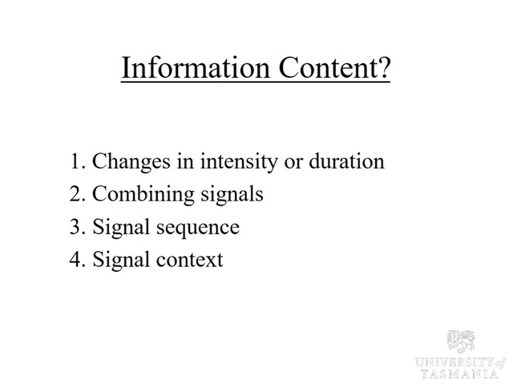The sequence that you are presented in is important to provide the information and the context. As you know, when someone says something in anger versus something jokingly, they have a very different context. So all of those things can combine to give you a fairly good alphabet for insects to communicate.